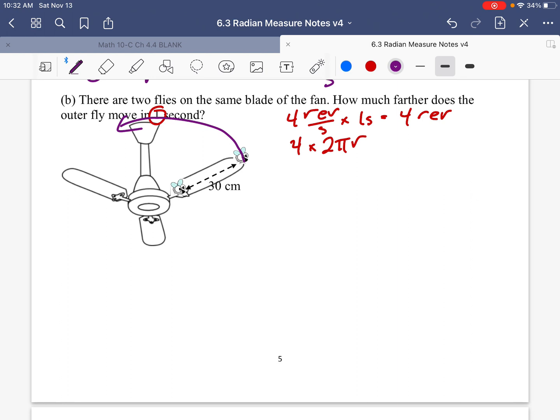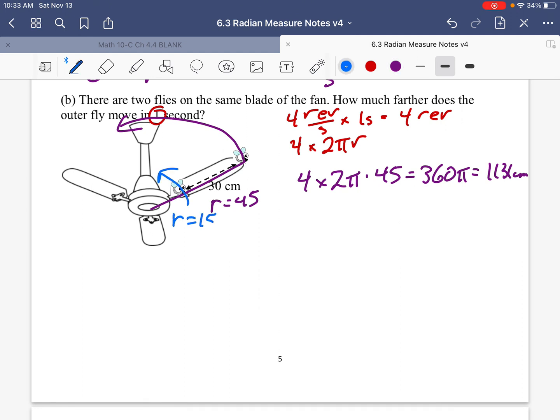All right, so this outer fly has a radius of 45, so this is 4 times 2 pi times 45, which is 360 pi, 1131 centimeters.